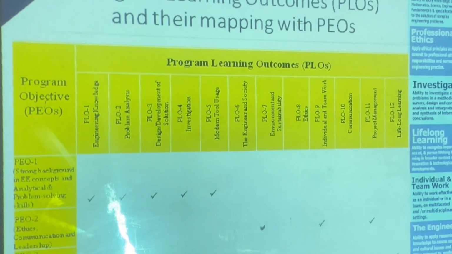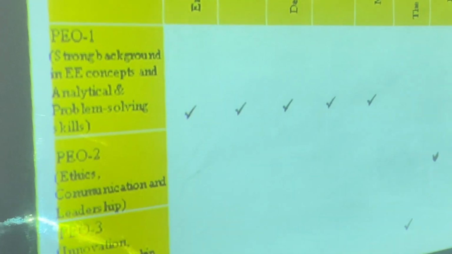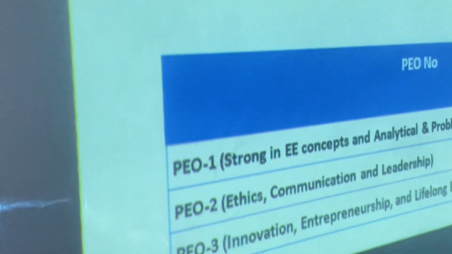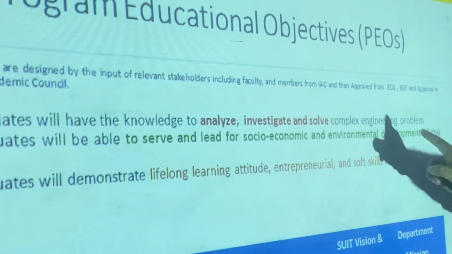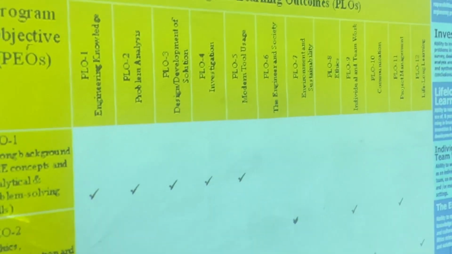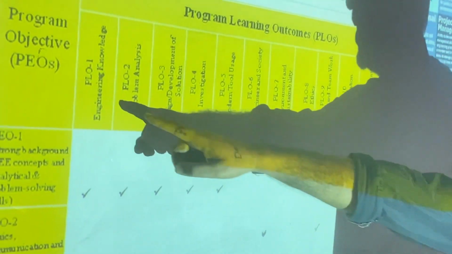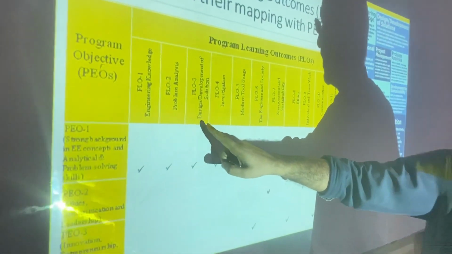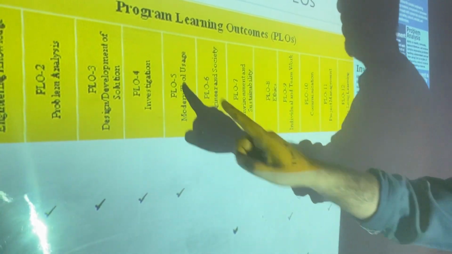So our first PEO, program educational objective. Look, I want your attention, a few people. The first PEO is to analyze, investigate, and solve complex engineering problems. So it is hitting engineering knowledge, problem analysis, design development, investigation, and modern tool usage.